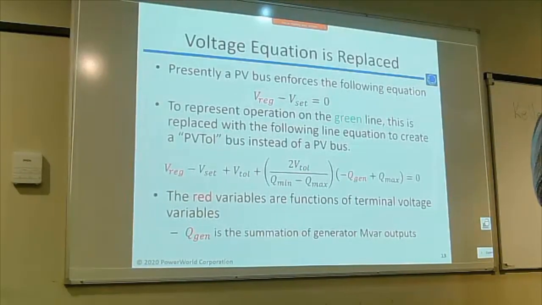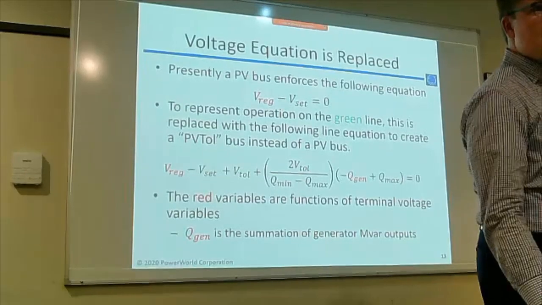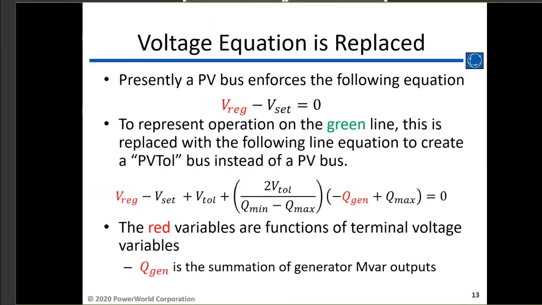But it's the same concept. We're just swapping out this equation for this equation. It doesn't make things more complicated because honestly at this bus there's a power equation already that's kind of complicated. So it doesn't hurt to add a Q equation with it. These voltage equations were always kind of weird, just stuck in there anyway.